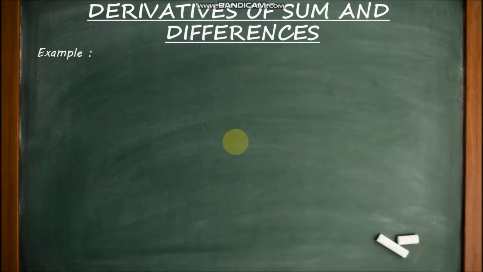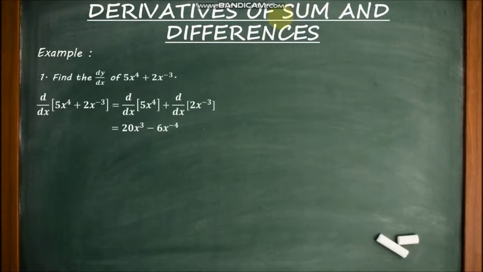So now we are looking at some examples. Example 1. It is given the equation 5x to the power of 4 plus 2x to the power of negative 3. We need to find the d dx. So we just put the equation into d dx.